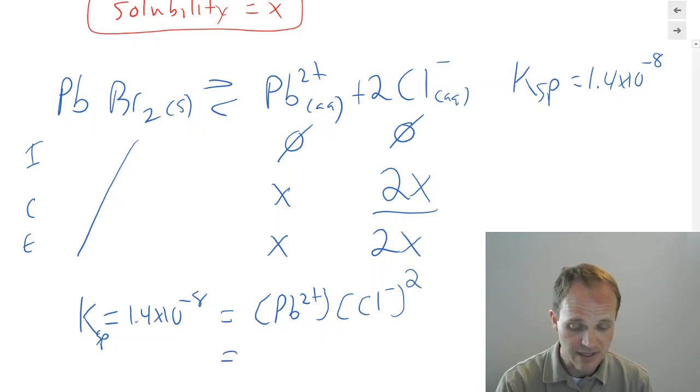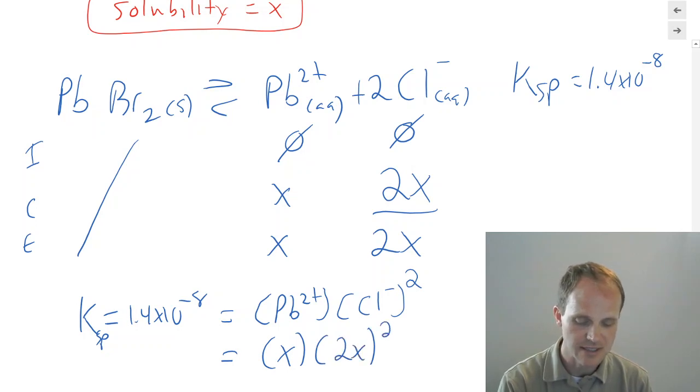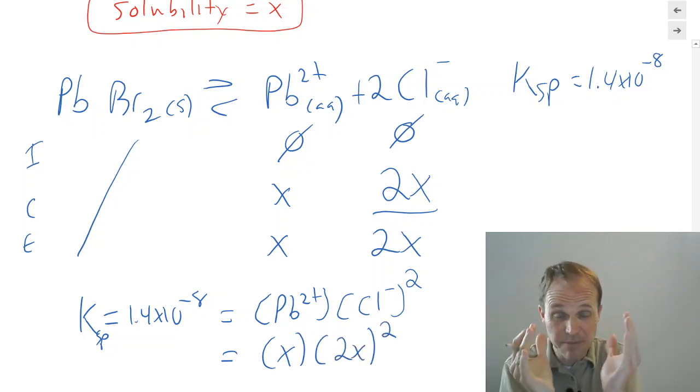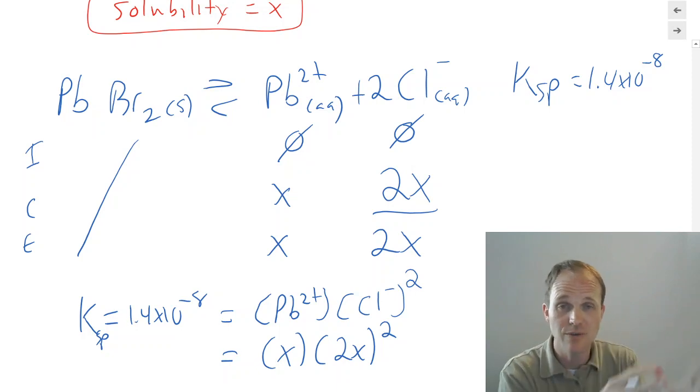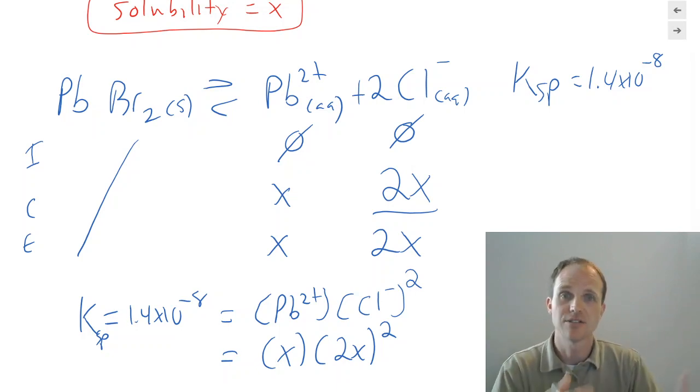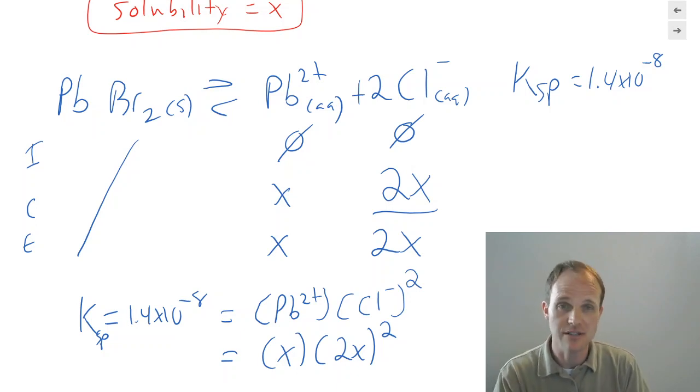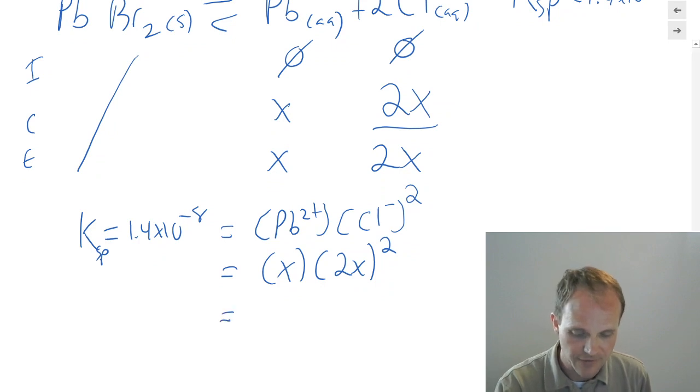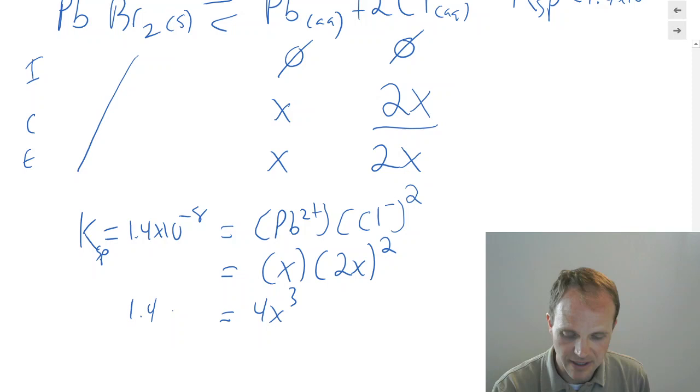And so we just plug in those values. Again, just like we talked about when we first did these things, you have to plug that 2x inside the parentheses and square the whole thing, square the 2x, because the concentration is 2x. The concentration isn't x, and then we multiply it by 2. The concentration is 2x. So we put the 2x squared. We get 4x cubed is 1.4 times 10 to the minus 8th.